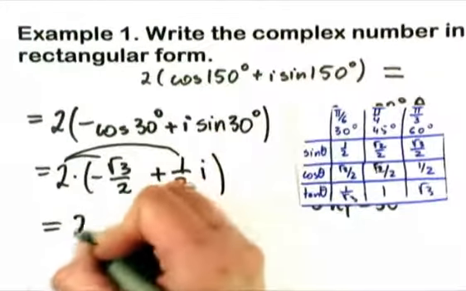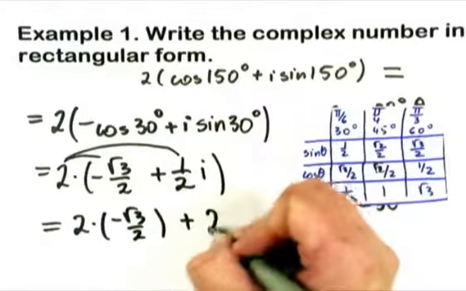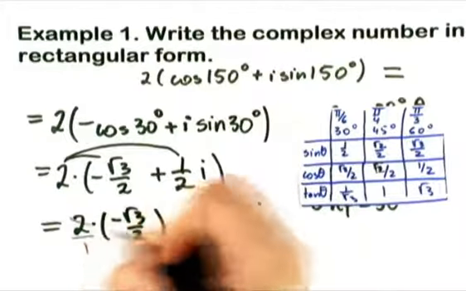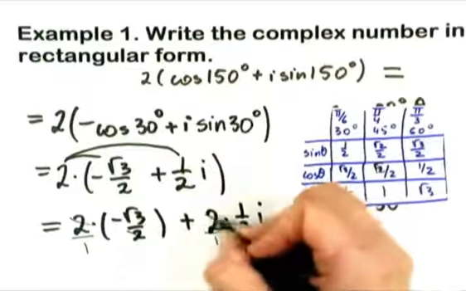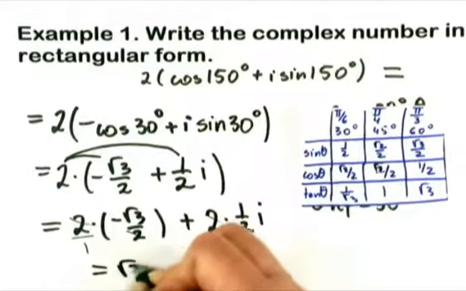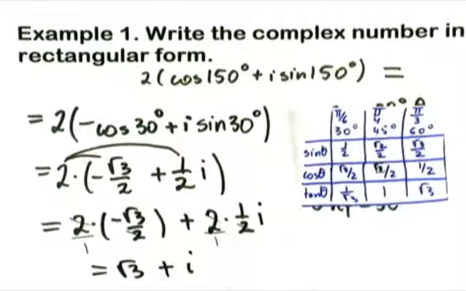So this is 2 times minus root 3 over 2 plus 2 times 1/2 i. And we can reduce the 2s. So this is equal to minus square root of 3 plus 1i, or just i.